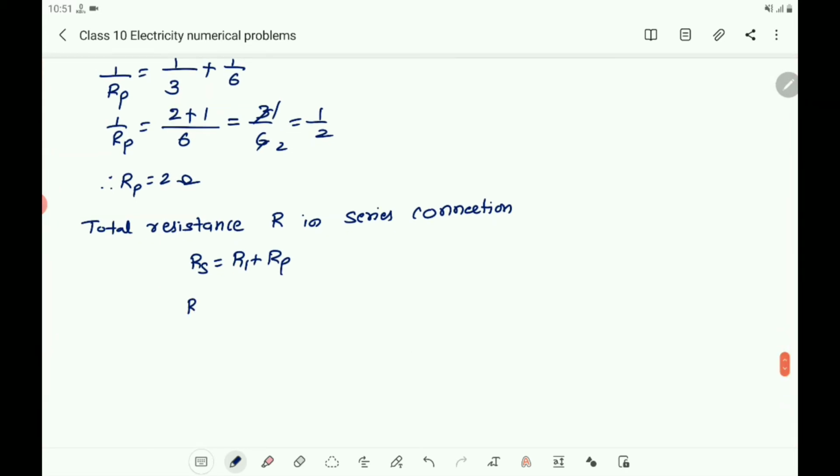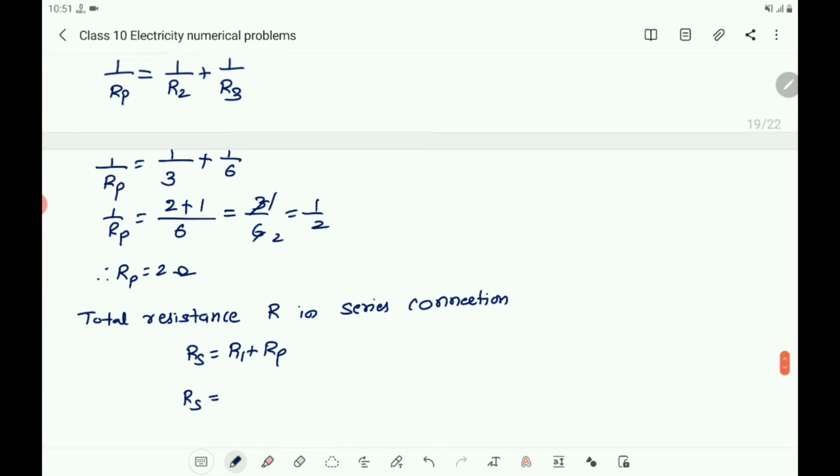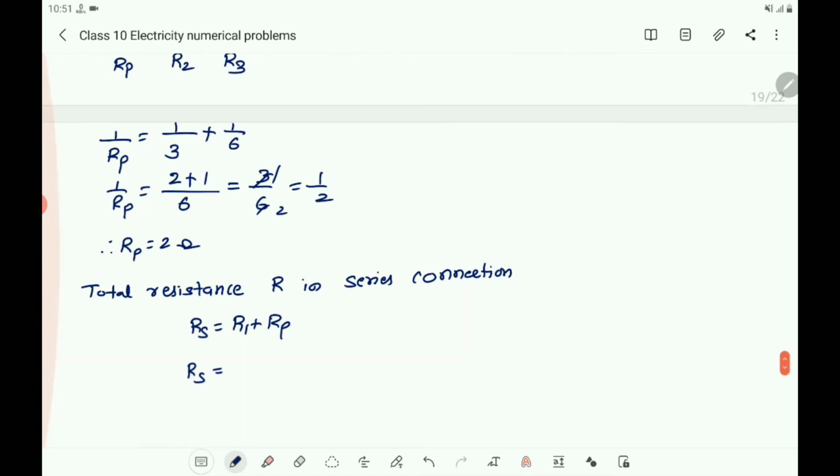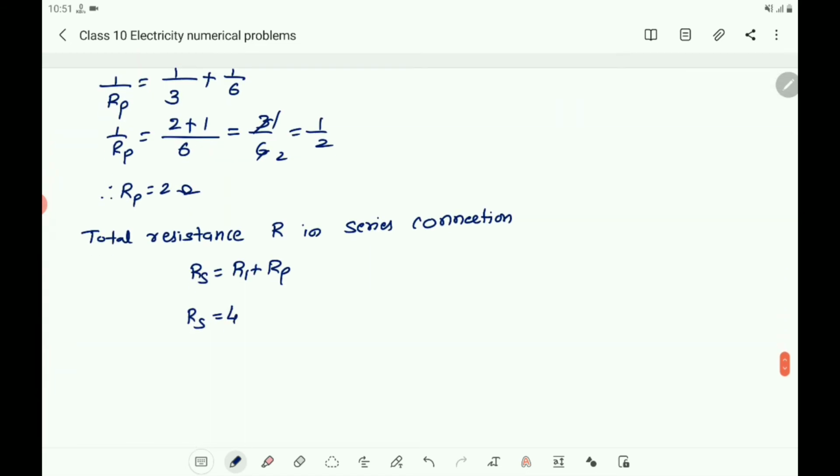That is Rs equals R1, which is 4 ohm, plus Rp, which we got as 2.